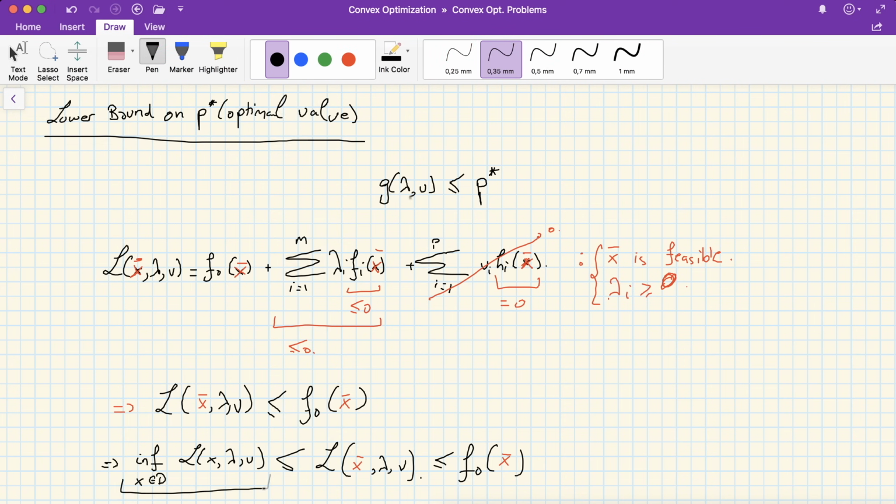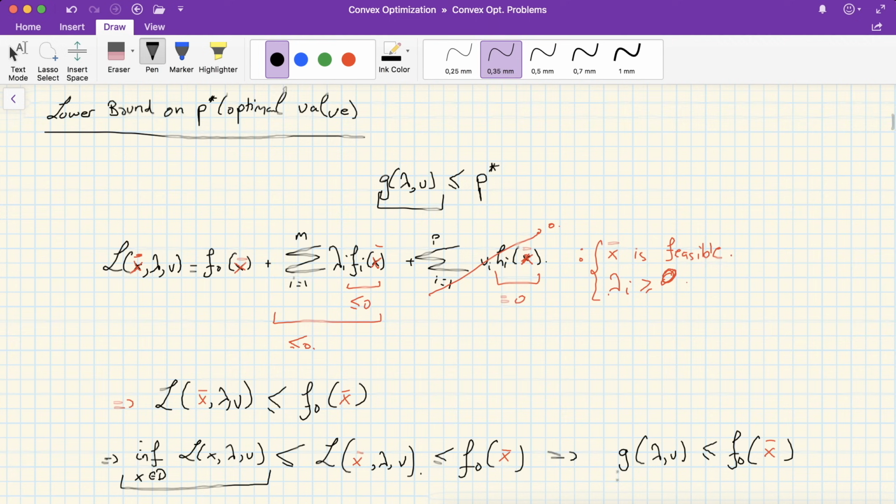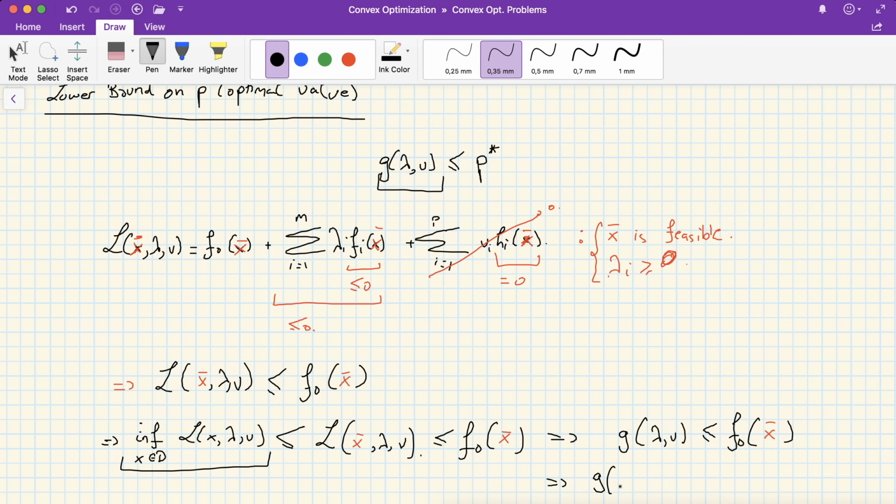This infimum is G(lambda, mu). This means that G(lambda, mu) is less than f0 of x bar for any feasible x bar. So let x bar be the optimal solution, because the optimal solution is indeed a feasible point. In particular, we get that G(lambda, mu) is less than p star, because for x bar equal to x star, this evaluates to p star.